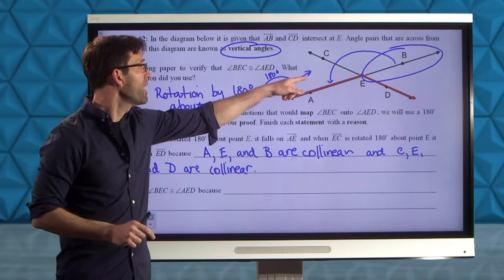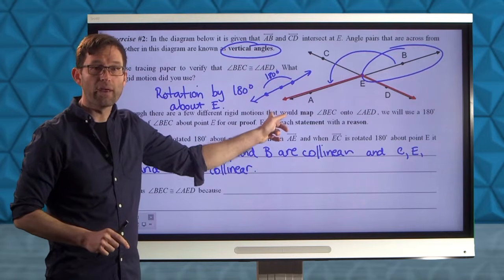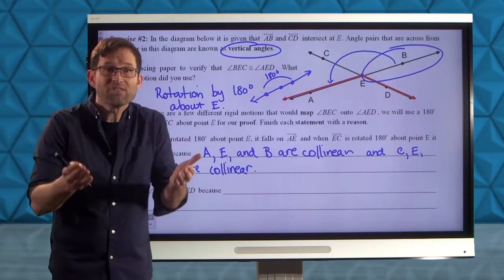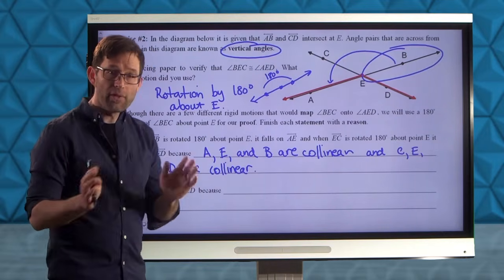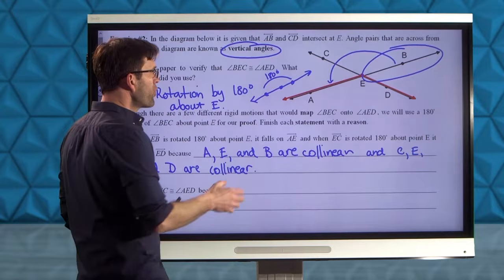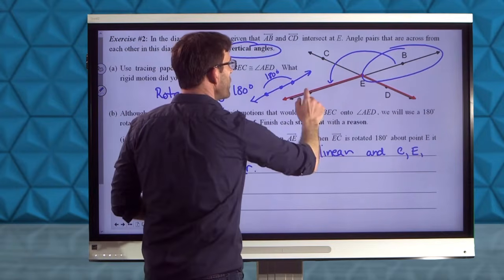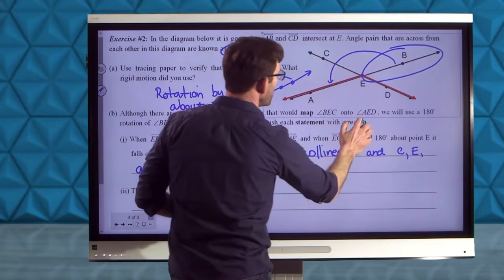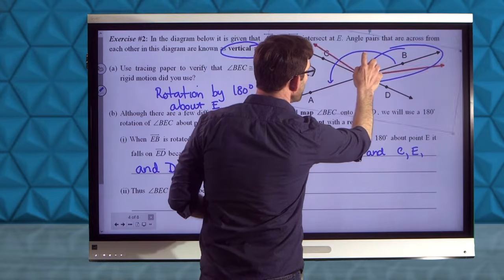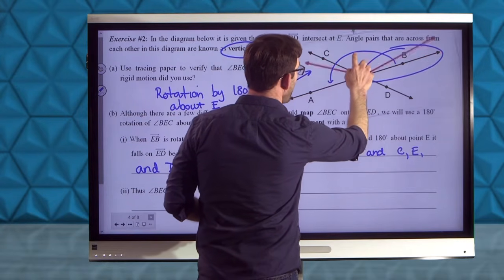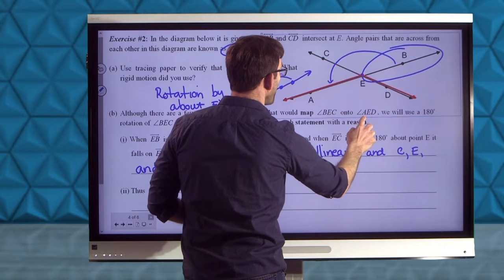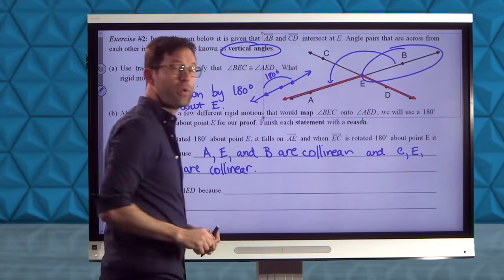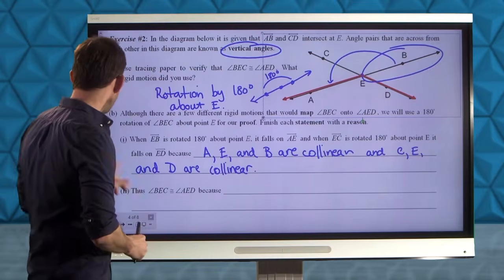And so if I rotate one ray about that point, it's got to land on the other ray. That's just what an angle is. So again, think about this for a moment. The reason this worked is that when I rotated each ray of this red angle by 180 degrees, they had to then lie on top of, or coincide with, the rays of this angle.